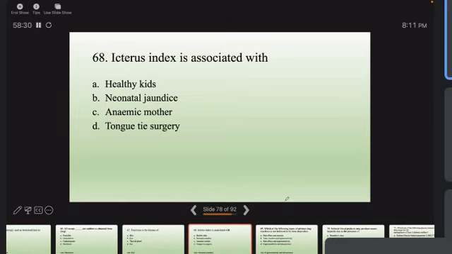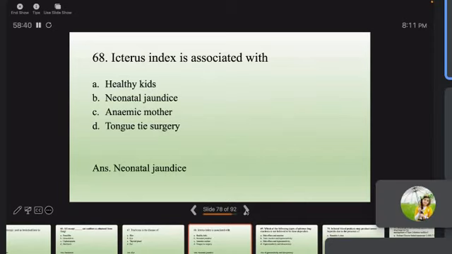It is just a strip with different shades of yellow. So the answer is neonatal jaundice. Let us move on to the next question.